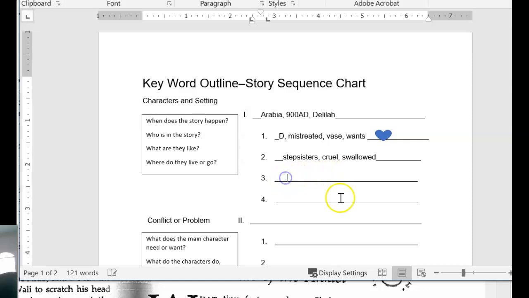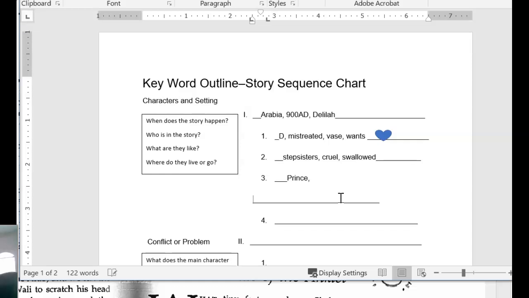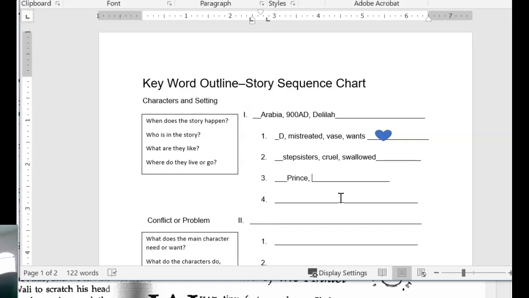We have a prince, and he wants someone with small feet. He sees her anklet and falls in love because she must have such tiny feet. Some of my students thought he was shallow, so I could put that in there.